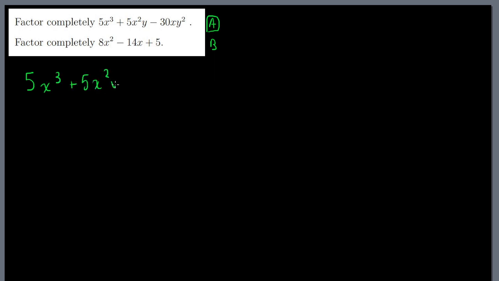5x squared y minus 30x y squared. Okay, so let's start off with the greatest common factor. What is the greatest common factor here? Well, they are all factors of 5. If I divide 30 by 5, it'll be 6. They all have an x. Do they all have a y? No, they all have an x, but they have x1, x squared, x3.